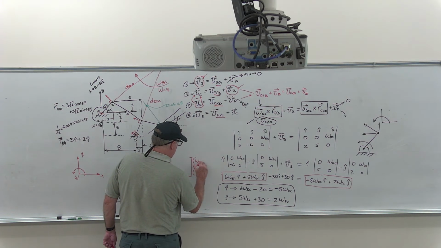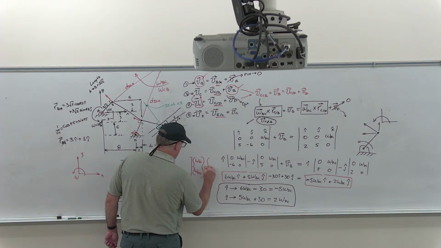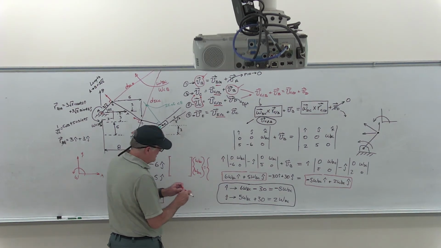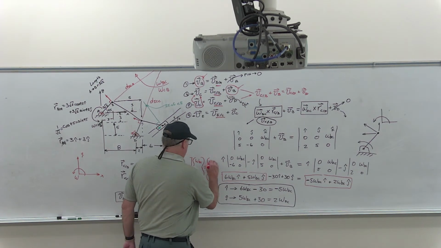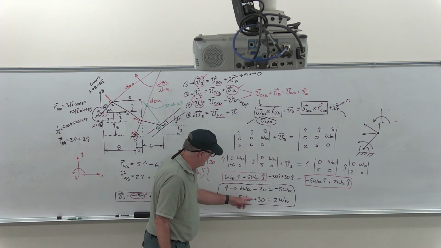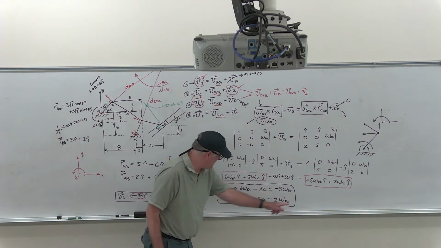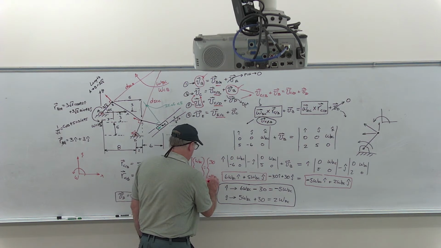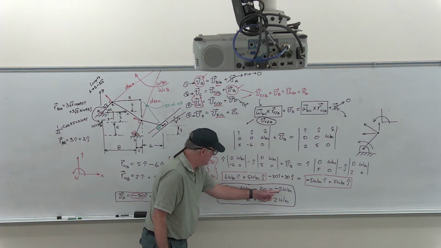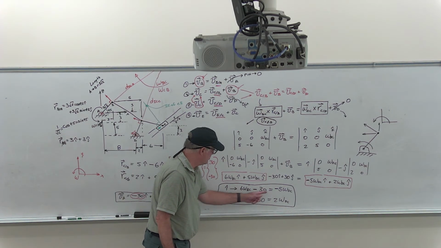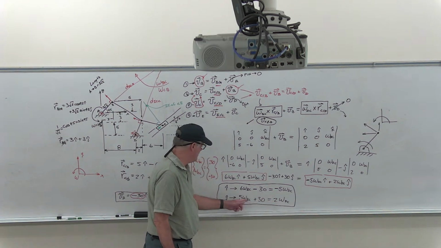Omega BC, omega DC. If I take this and move it to the right-hand side, it becomes plus 30. If I take this and move it to the right-hand side, it becomes minus 30. Take this, move it back over here, it becomes plus. Move this over here, it becomes minus.